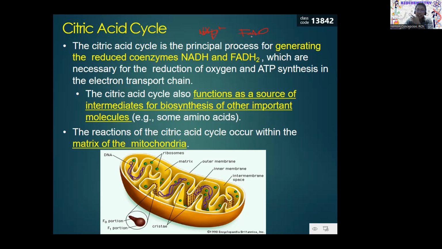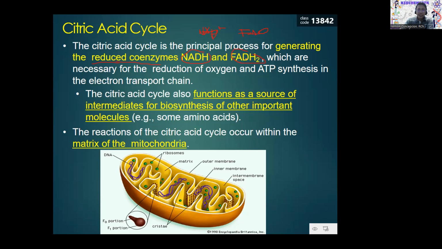Ano nangyayari sa kanila? Nako-convert sila into NADH and FADH2. So during the TCA cycle, NAD plus and FAD is reduced. Okay? Reduced. So sila ay nagiging reduced coenzymes, nagiging NADH and FADH2. Okay?